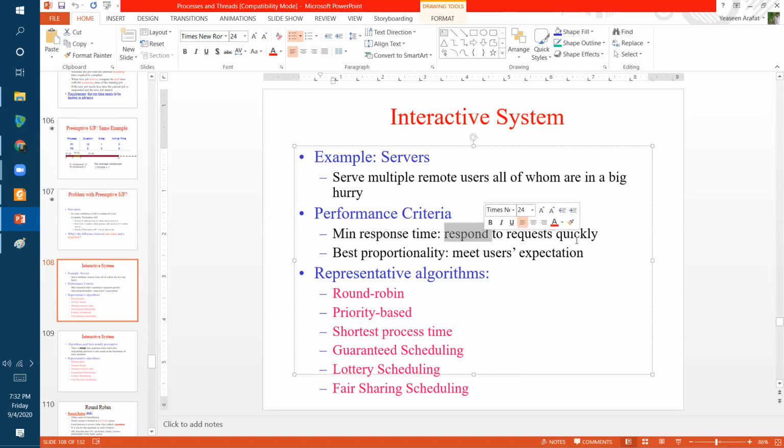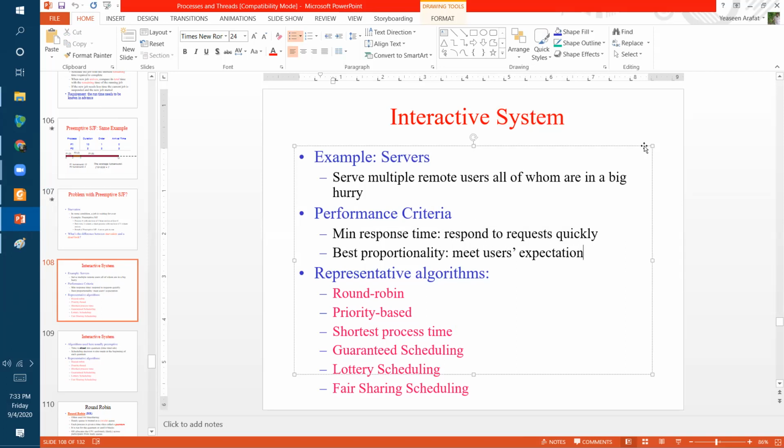Respond to requests quickly, because when a user types some website name in the browser, if Google needs more time than Internet Explorer to serve the page to the user, then the user will not use Google Chrome.